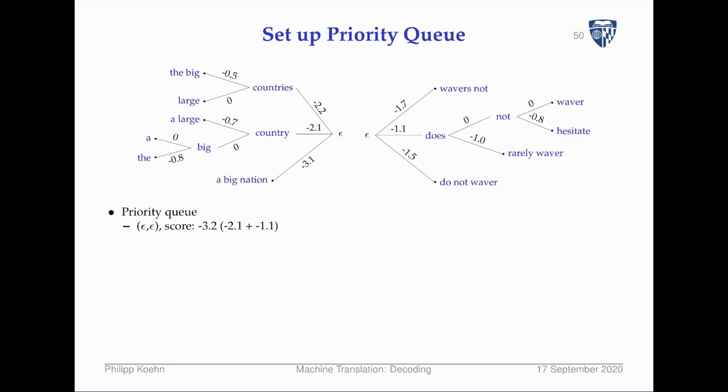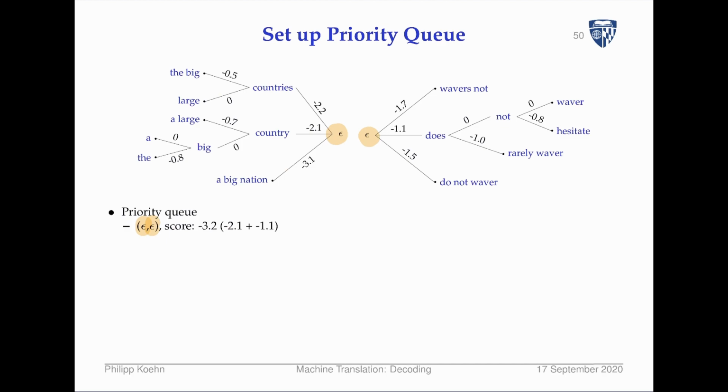As I said, we have a priority queue that tells us how to expand the space here. Naively, we would just combine all the hypotheses with all the translation options, but that gets too expensive, so you don't want to do that. We do it a little bit more cheaply. The priority queue says we have these two nodes here.